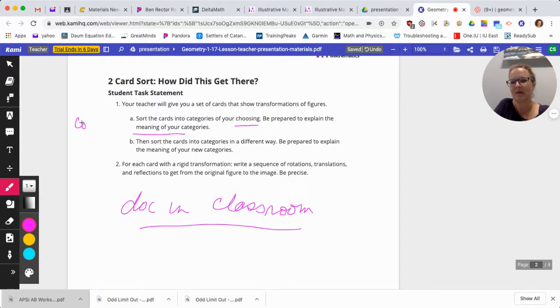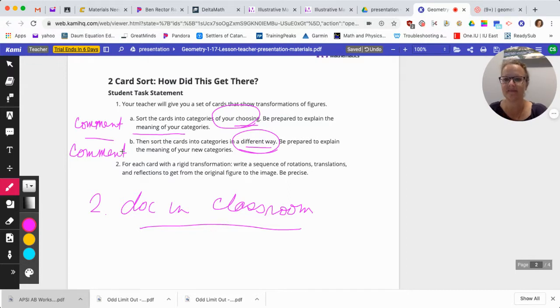You can just put a comment in the document, and then sort the cards into categories a different way. Be prepared to explain the meaning of your new categories. Maybe I'll put 2 documents in the classroom for way 1 and then way 2, okay? And please put a comment in to tell me what you were thinking about to do that.